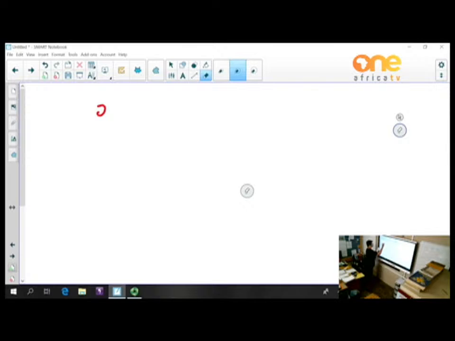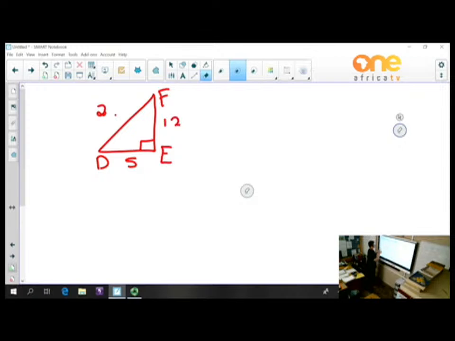Number 2. So again, I have a right angle triangle. We have to label them, otherwise we won't know where is which angle. So that one is E. This one will then be D, and that one will be F. D, E, F. So DE is 5, EF is 12, and we have to find this one.